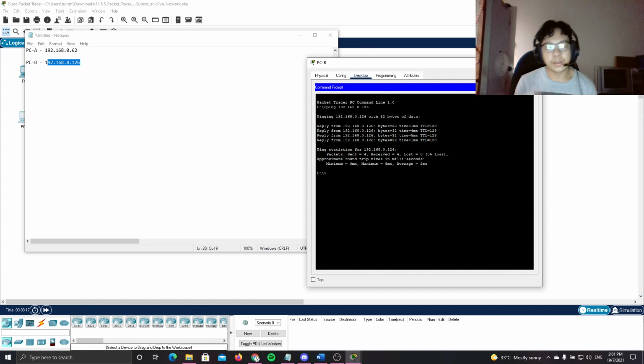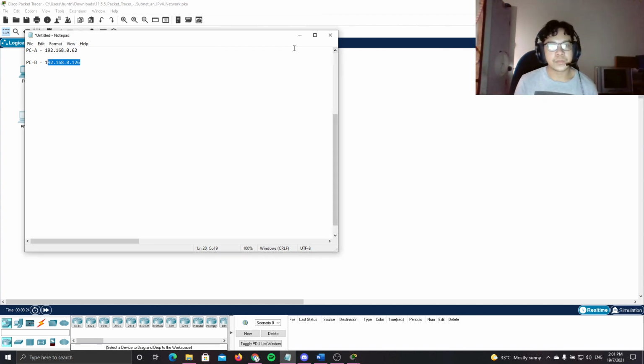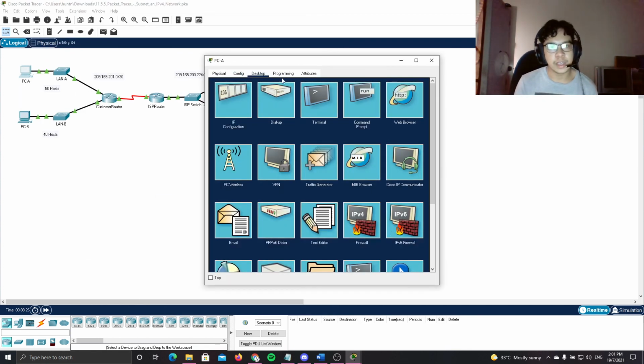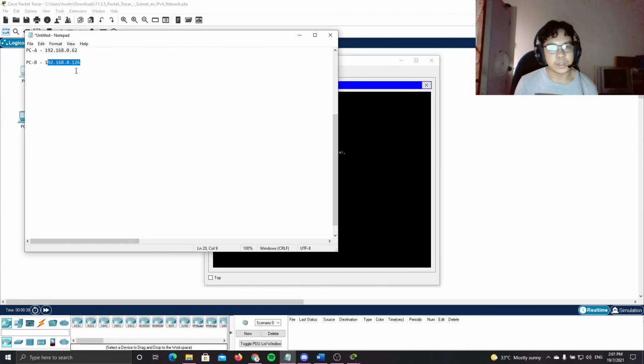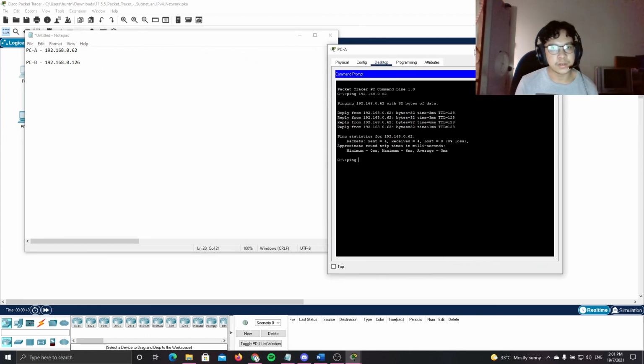Okay, and then what if the PCA can communicate with PCB? So we go back to the PCA, and then we go to the command prompt, and then we will use the ping command as well, but the IP address will be the IP address from the PCB, which is 192.168.0.126, and then press enter.